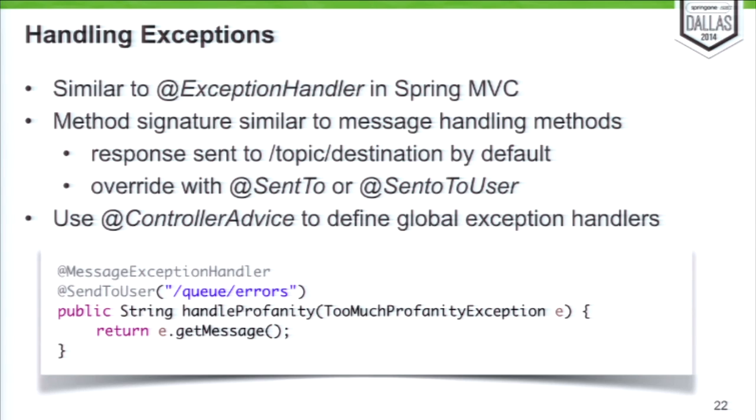And of course, we return something to the client, which will be a STOMP message, and you can override this destination either with send to or send to user. We're going to see send to user later on, but this method will behave like a normal method inside our controller.